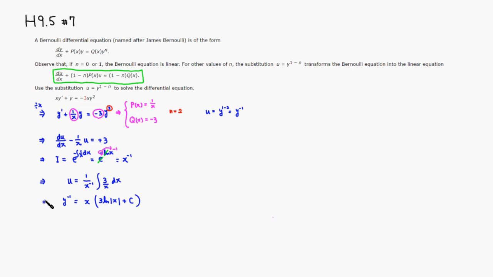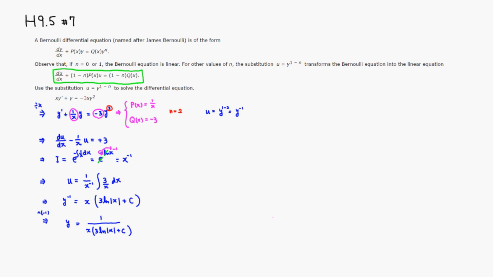So what we can do is take the reciprocal of both sides, so that we have just y by itself. Then we just have to put the 1 over, so then we have x times 3 times natural log of absolute value of x plus some constant c. So we got that.